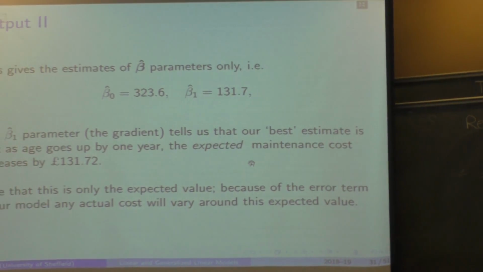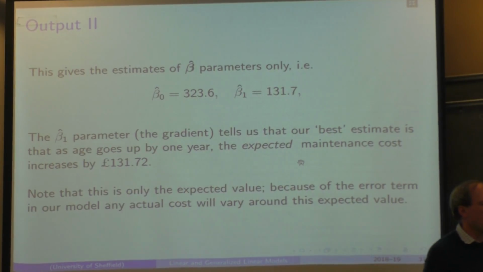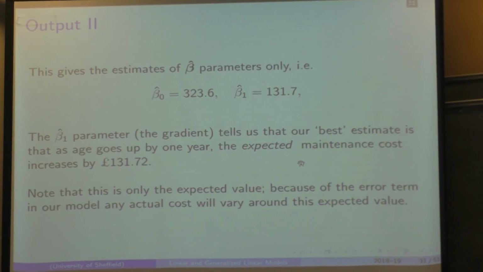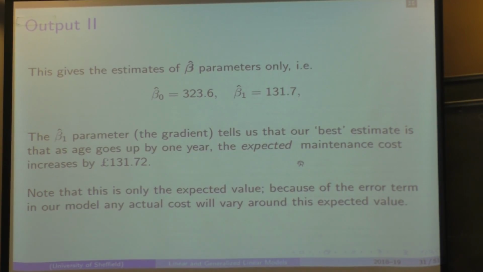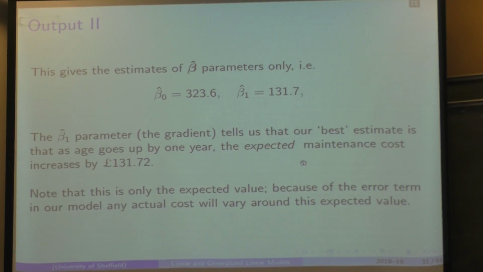Okay. And similarly, the expected value of the intercept, our estimate is 323.6, so that's telling you the sort of baseline maintenance costs of a tractor before you take into account its age, essentially the maintenance costs for a tractor whose age is 0.